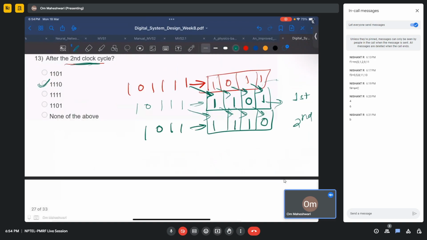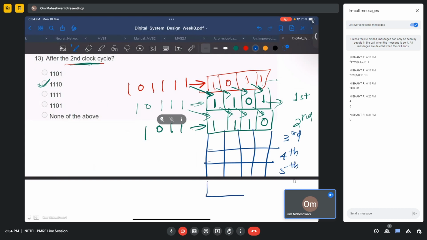Let us make it for the whole thing. Third, fourth, fifth, sixth. In the third cycle, this will go out, and this will come here, here, here. This gives 1111, and the remaining input is 101.